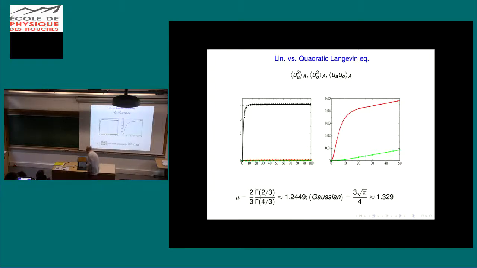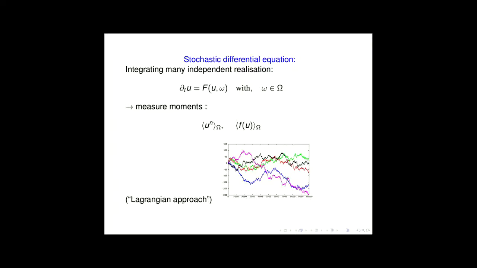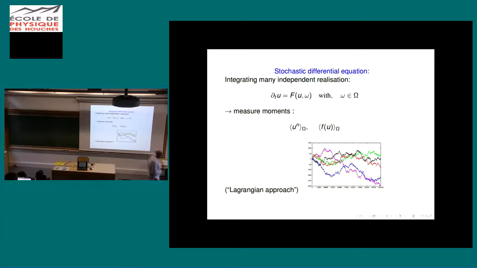To calculate this value, if you have stochastic problems, you can have two approaches to solve them. One is the stochastic differential equations, which I performed. You start with a particle, and for every realization of a noise, you do the integration, and then after some time you arrive here. You do this for many particles. Here it's 5.